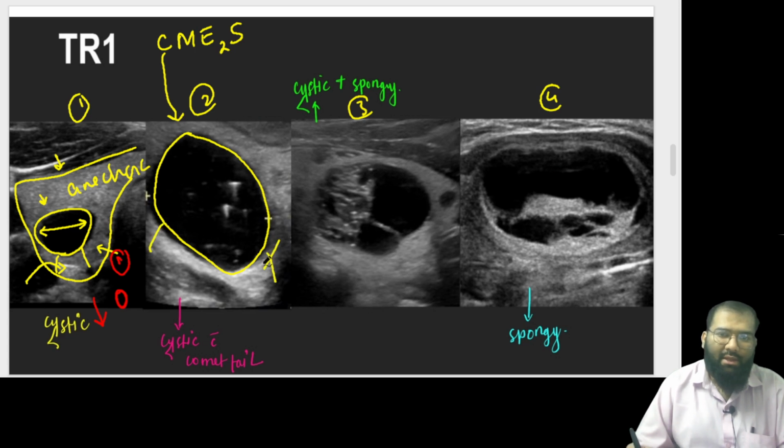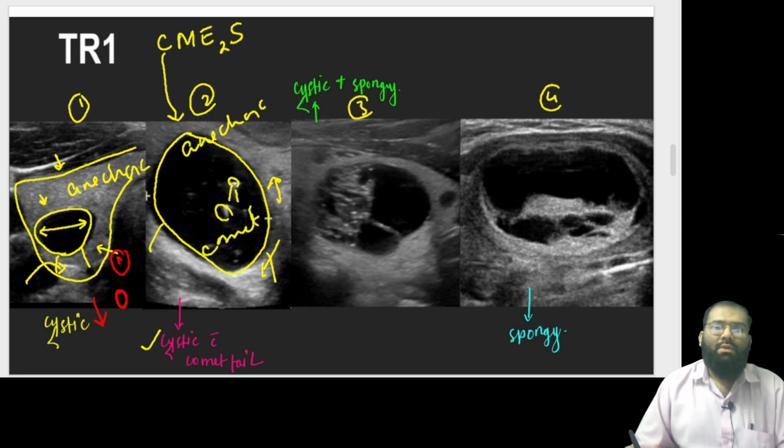You can see very well the echogenicity posterior to the lesion is increased as compared to the thyroid gland itself. So that is posterior acoustic enhancement and it is anechoic. So this is cystic, correct? And what are these artifacts? You are able to see hyperechogenicity with hyperechoic artifact. So these are comet tails. So this is cystic. How is the margin?